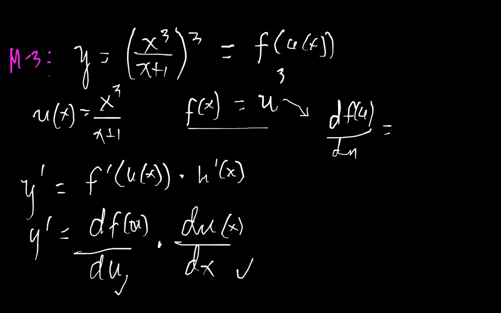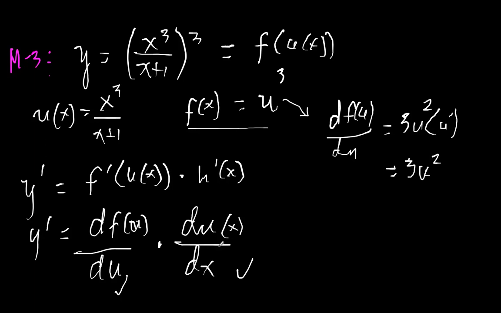So we need to differentiate this. This becomes 3u squared, correct? We bring down the exponent as a coefficient and subtract the exponent by 1. So this becomes 3u squared. With the use of the chain rule, we can still differentiate u by writing it as u prime, but it will still result in 3u squared. It doesn't really matter because it's just equal to 1. And we already found the first factor here.